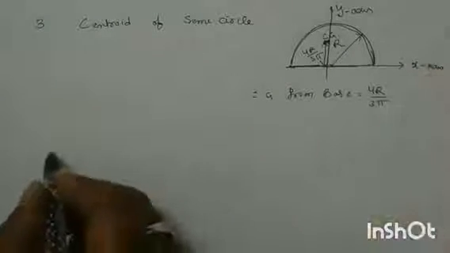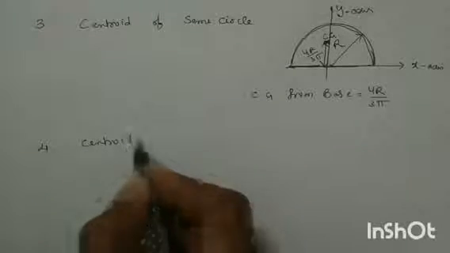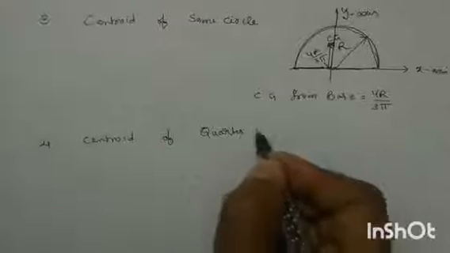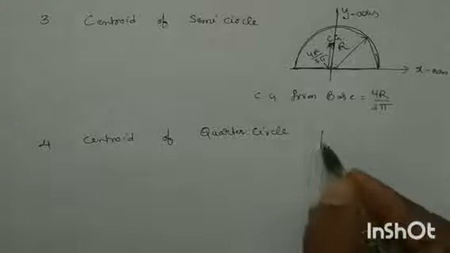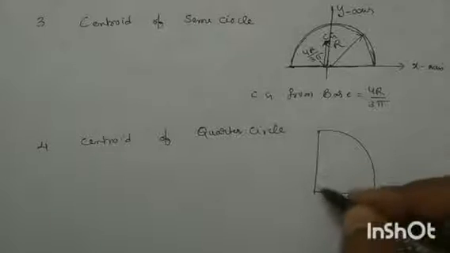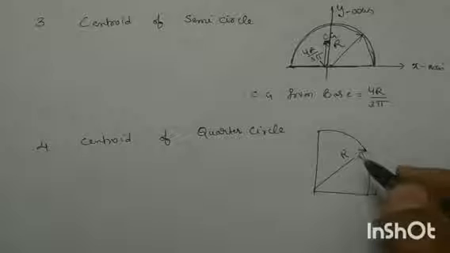And coming to the fourth one, centroid of quarter circle. Okay, let us take a quarter circle, and the quarter circle radius, let us take it as r.